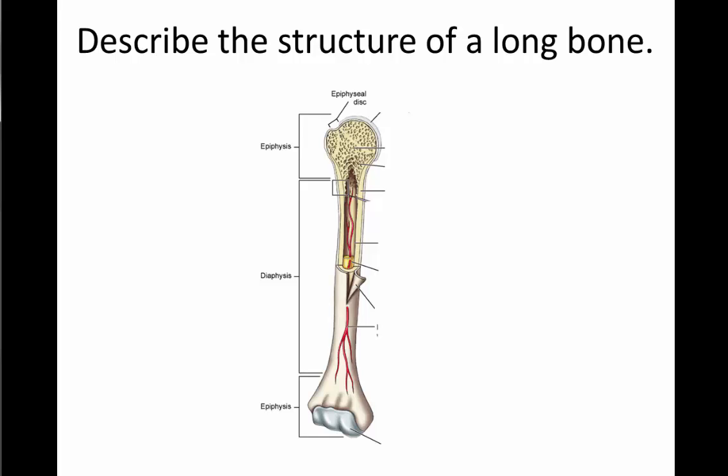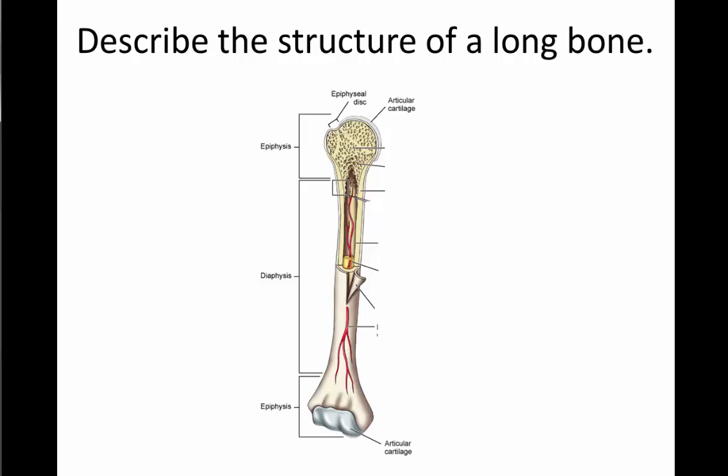We'll take a look at that in a moment here when we get into that development, but the epiphyseal disc is this area of compact bone found in the epiphyses. In this image, the second epiphysis is not broken open. There would be an epiphyseal disc in that epiphysis as well.